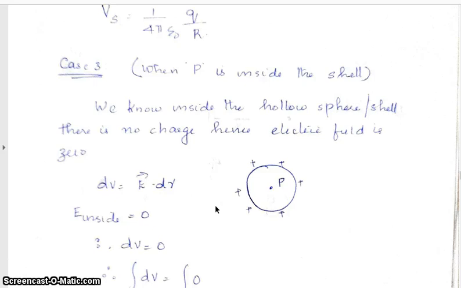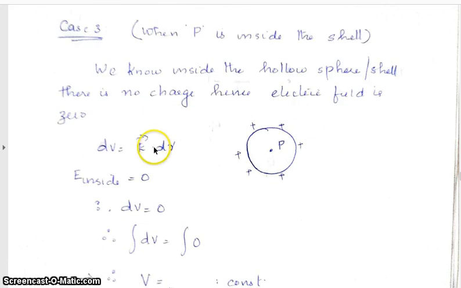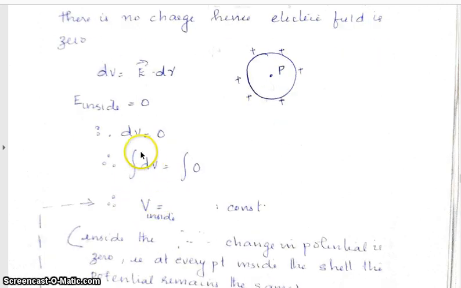Next, when P is inside the shell, we know inside the hollow sphere or shell there is no charge, hence electric field is 0. Clear? So dV is equal to E dr. E inside is equal to 0, so I can write dV is equal to 0. Now in order to find the value of V, I integrate this.